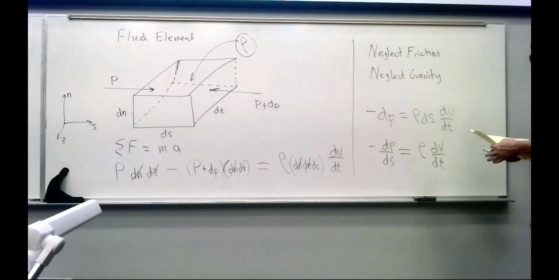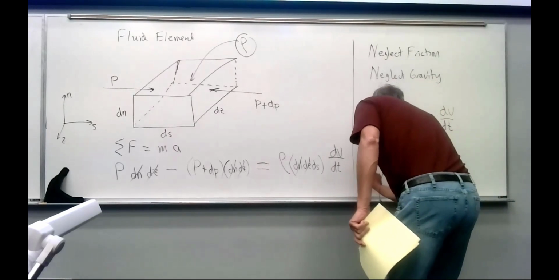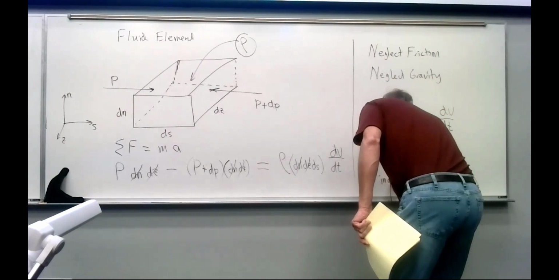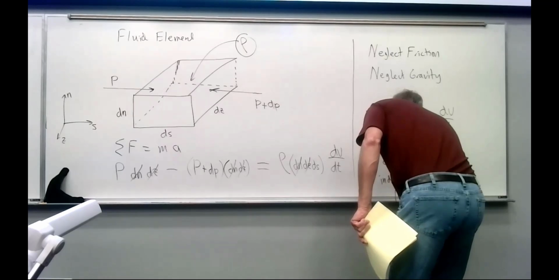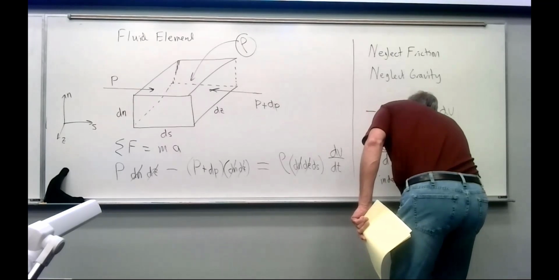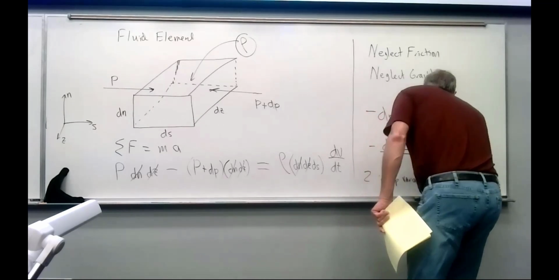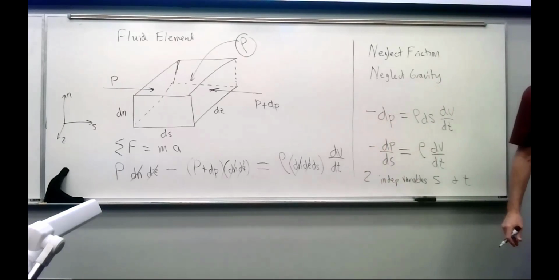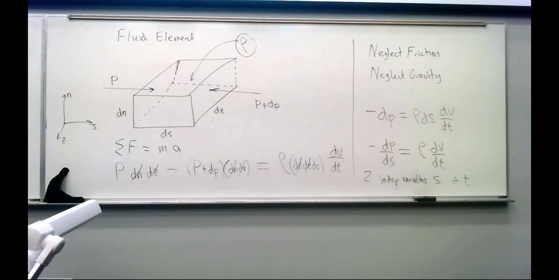So there's a little bit more we need to do with this because notice the two independent variables, at least it seems that way. We have S, which is position, and then we have time. But we know if something's moving, position and time are related, right? If you start in Wichita and you drive toward Kansas City at 100 miles an hour, what's your change in position after 1 hour?